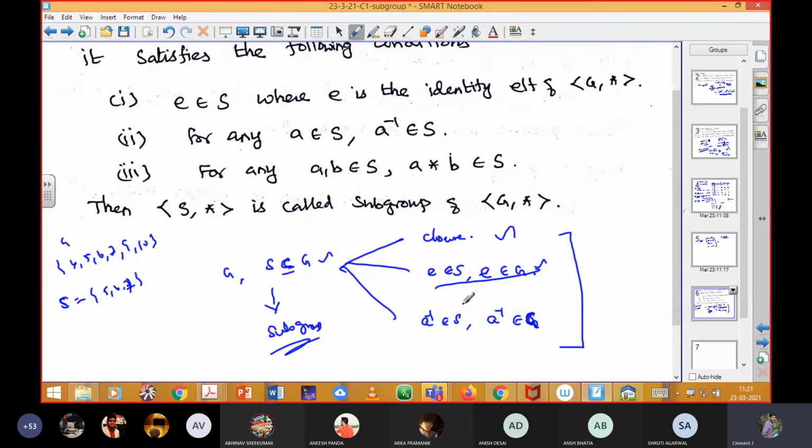It can satisfy the main group axioms. Obviously, that will satisfy, right? Can you get the point? Have you understood this definition? Yes, sir. Okay, fine.